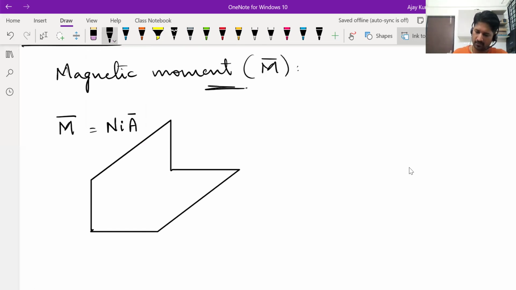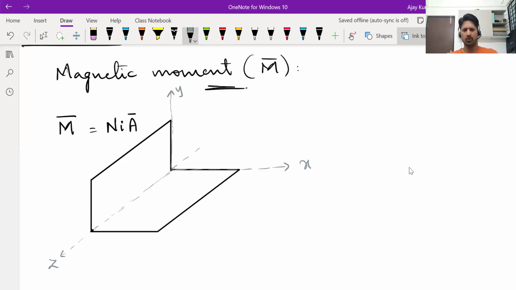Suppose there is a wire bent in this shape. So it was a square, but now it is folded like this. So you can imagine this as the z-axis, this edge along the x-axis, this edge along the y-axis.